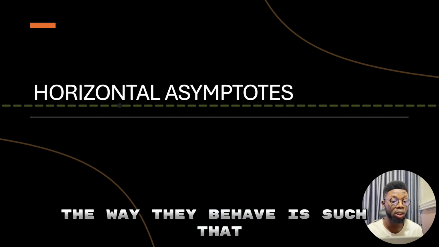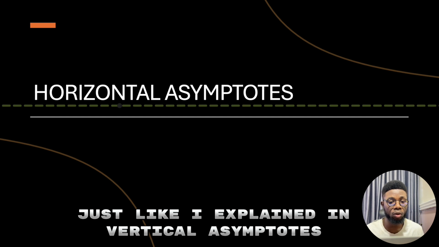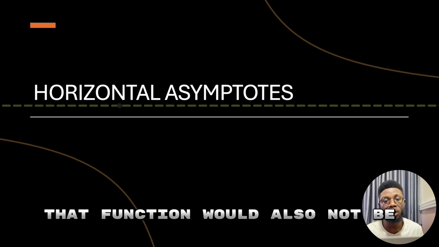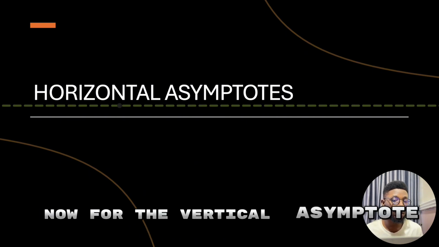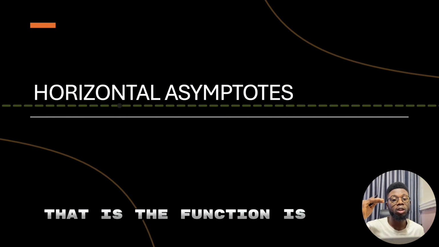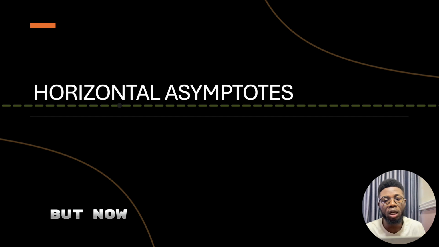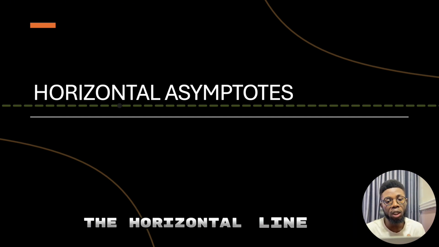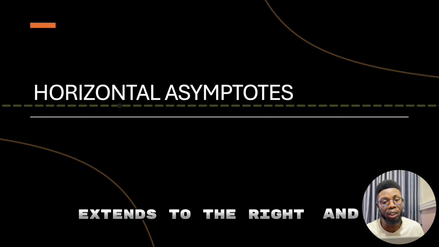For the horizontal asymptote, the way they behave is such that, just like I explained with the vertical asymptote, it's like a horizontal line that the function would also not be able to get to. Now, for the vertical asymptote, we were going up, that is, the function is the one doing the behavior. But now, it is the argument of the function that will be doing the behavior, because as we can see here, the horizontal line extends to the right and extends to the left.